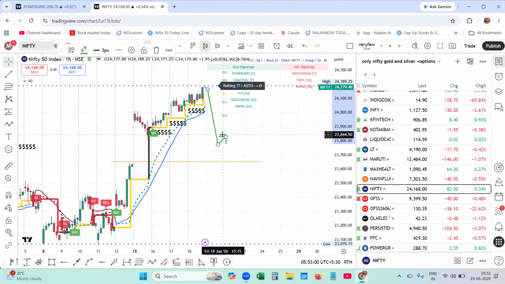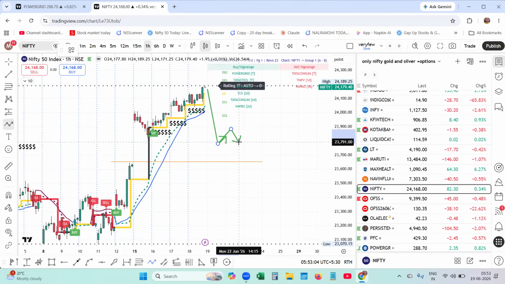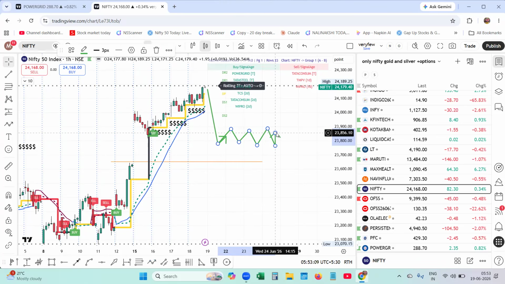This becomes an imbalance, and it takes time, minimum around 12 o'clock or 1 p.m. If it gaps down, it may go sideways, or it may continue down. They may sweep one by one liquidity.